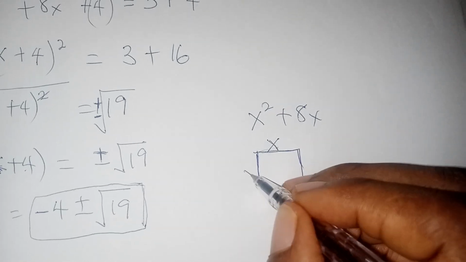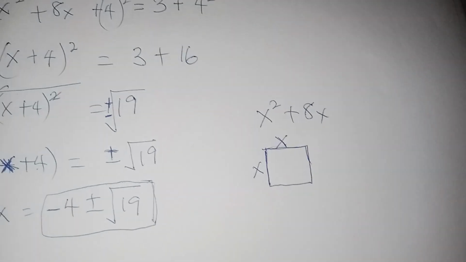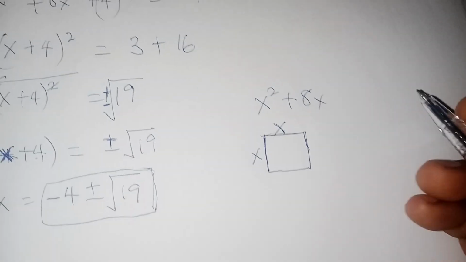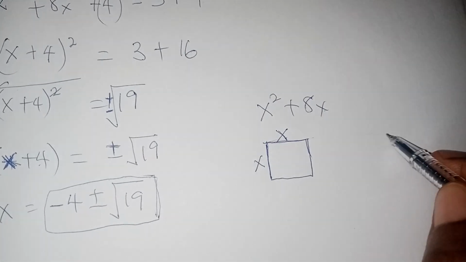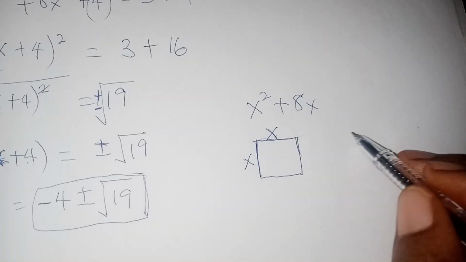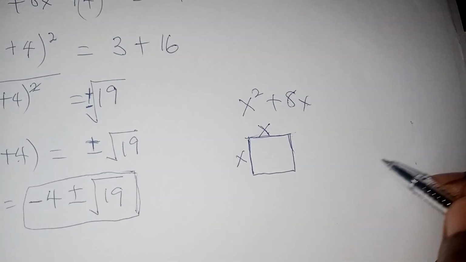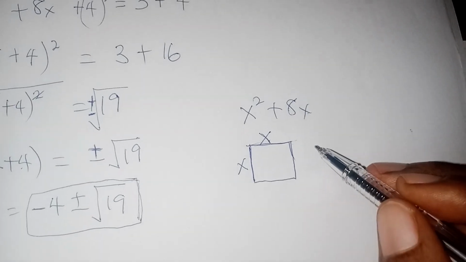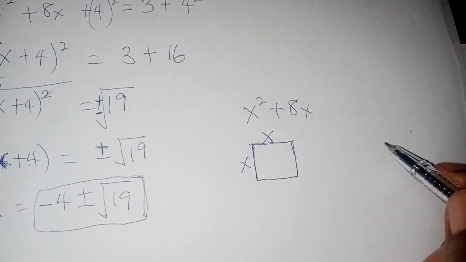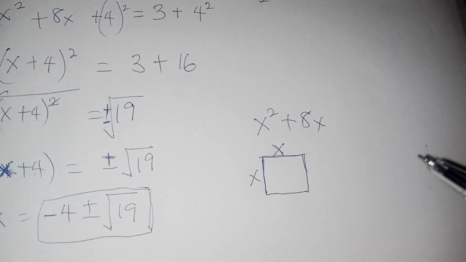So we have x here, we have x here, x all over. Okay, but what about 8 times x? That means we'll have a rectangular shape, with this side having x, and this longer side having 8. That's not completing the square, that's like completing the rectangle. So because we are not dealing with completing the rectangle, we are dealing with completing the square.